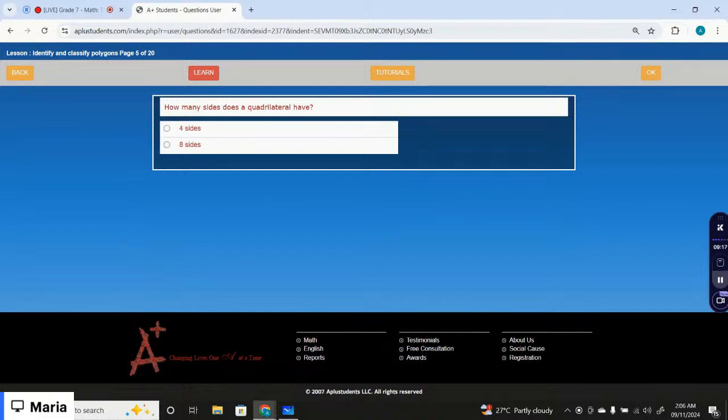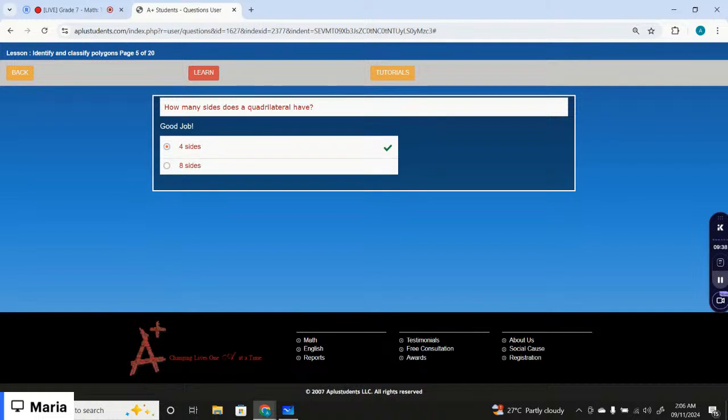How many sides does a quadrilateral have? So, which is the correct option? The quadrilateral, quad means four, right? So, the quadrilateral has four sides. The correct option is four sides.